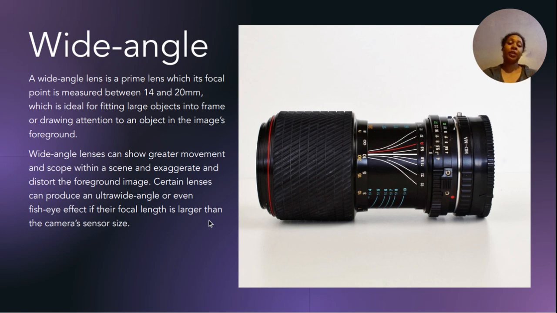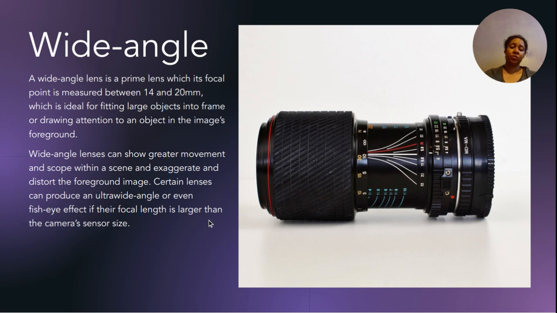It draws the attention to the object's foreground. And you can see wider images. You can see everything that's in the location, the surrounding areas. And you can see a lot of movement and the scope of the image. It gives you a sense of capture.